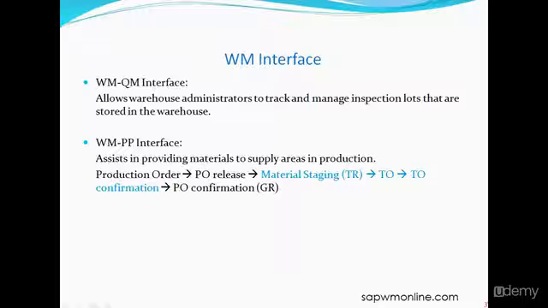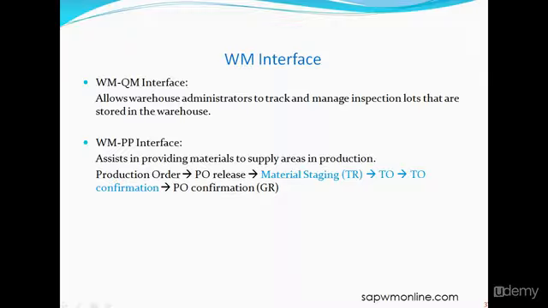So once this transfer requirement is created, it is converted into a transfer order, the child components are picked on the basis of this transfer order, and the transfer order is confirmed. Once the transfer order is confirmed, the child components are available in the production supply area for taking to the production line to produce the final finished goods assembly.